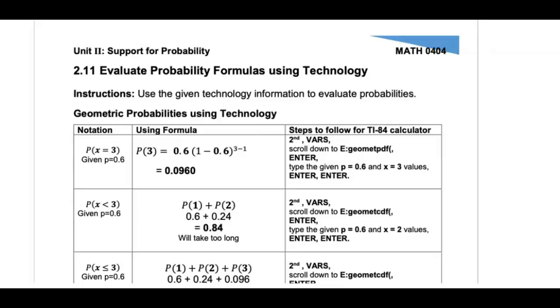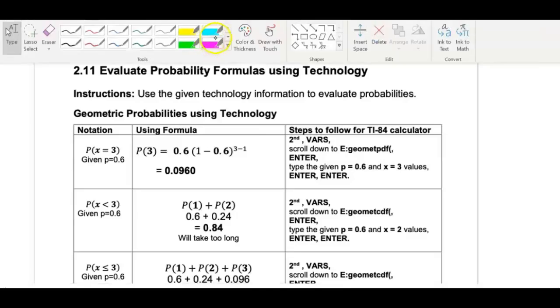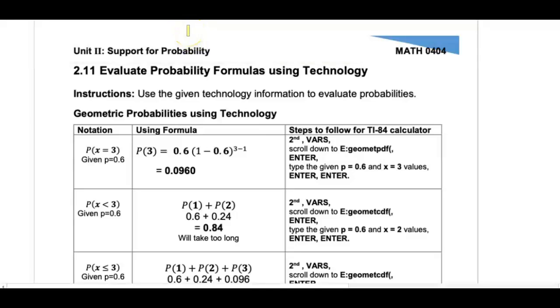But first, before we explore our calculator, I want to point out our table. Remember, it's so important to read tables and not just scan over them and maybe be confused and then jump over it. So the goal is for you to read those headers, those titles, and everything that's in it so that you understand what's happening. Let's take a look at the left side. It says notation.